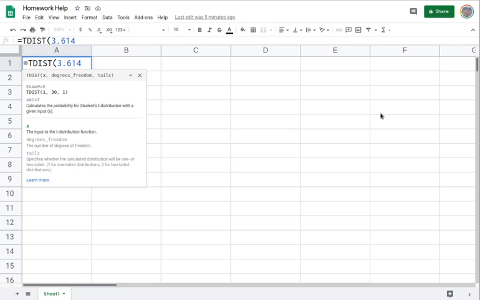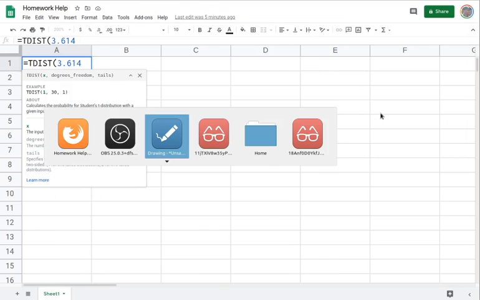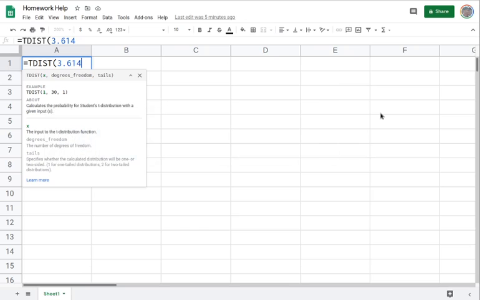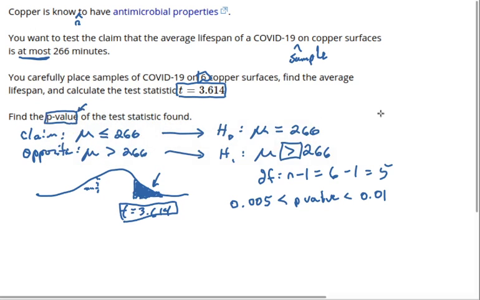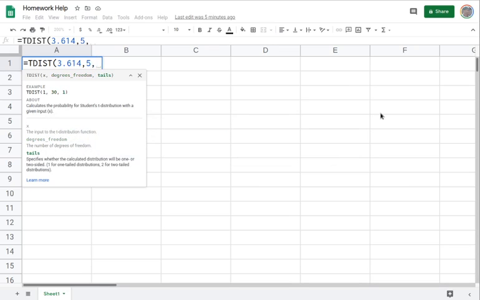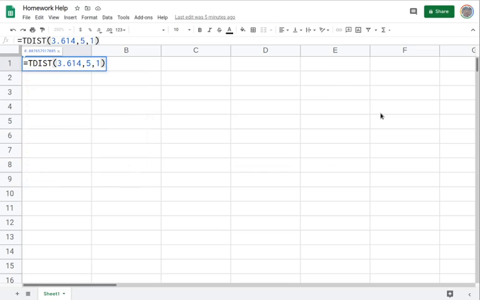Double check that, 3.614. The degrees of freedom we had was 5. And tails, I know this is a one-tail test.